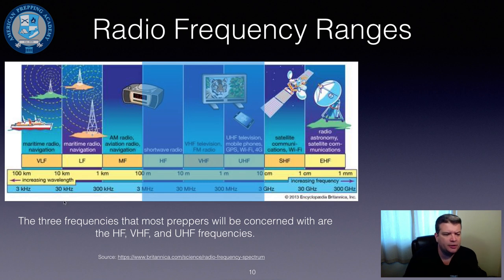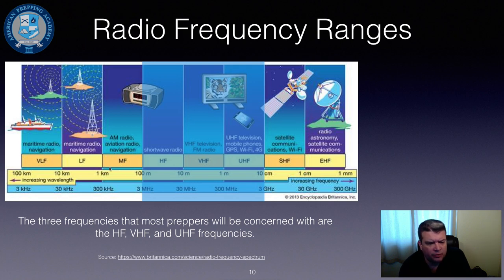If we start over here on the left, you can see that you've got VLF. That's very low frequency. So you want to think of those waves as being big, slow waves. And you can kind of remember that because it's used for maritime radio navigation. Same thing with low frequency. Military uses these frequencies as well.